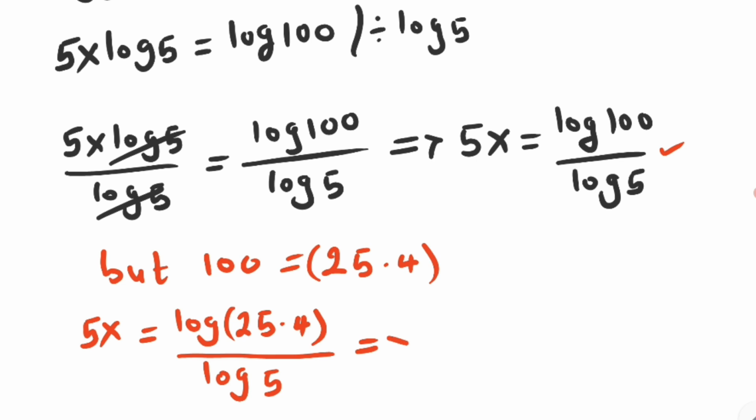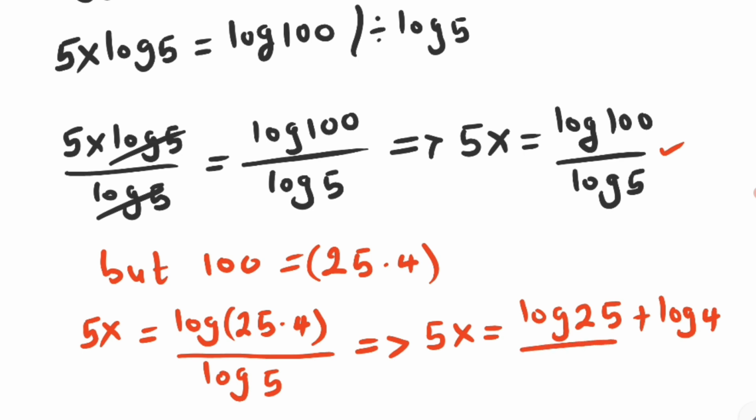And this can be written as 5x is equal to log 25 plus log 4, then this divided by log 5, and this divided by log 5.